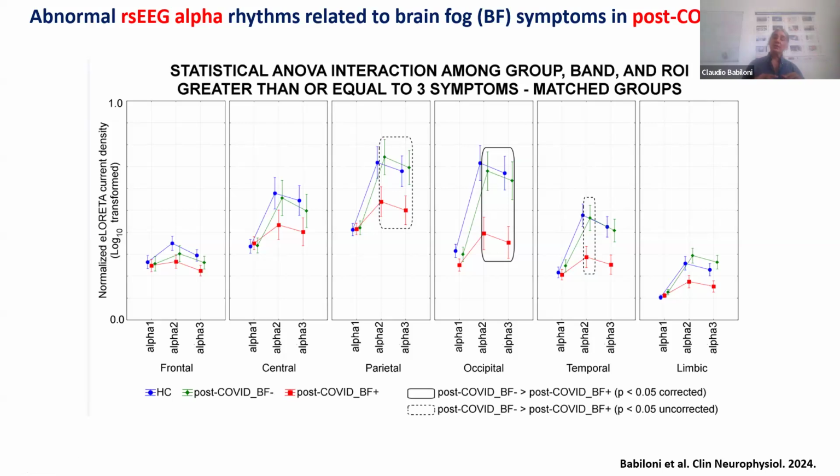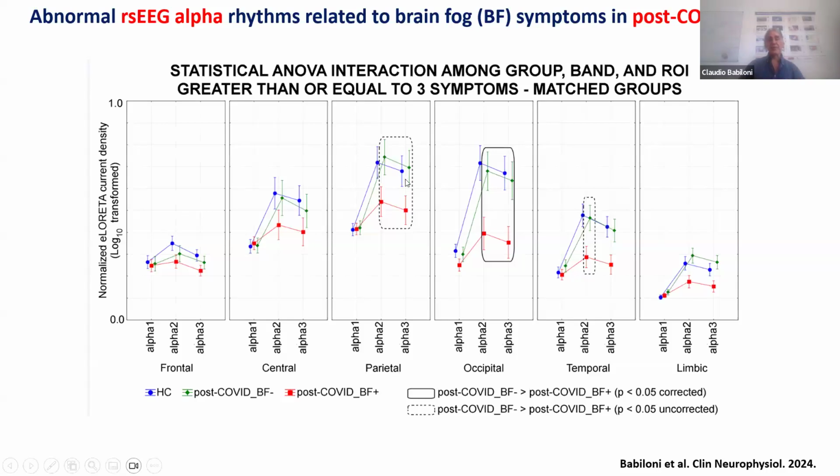The patients with 1 or 2 symptoms in the scale of mental fog are reported in green. So they are mild post-COVID patients.